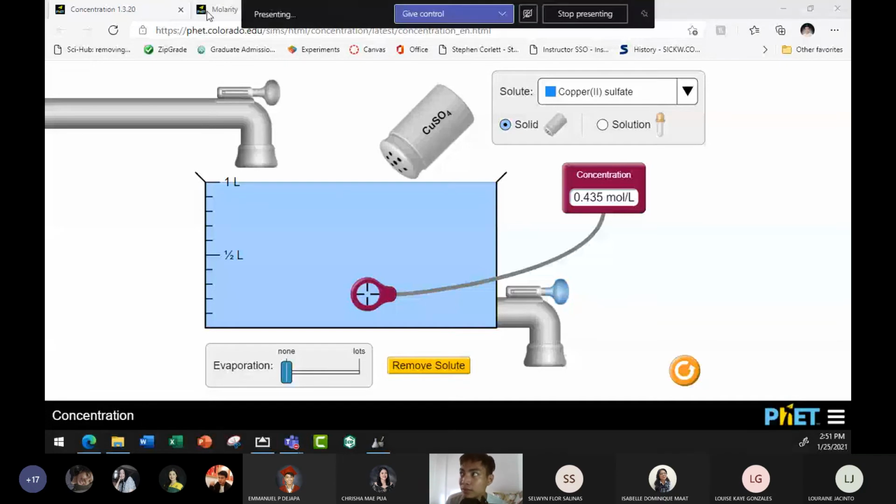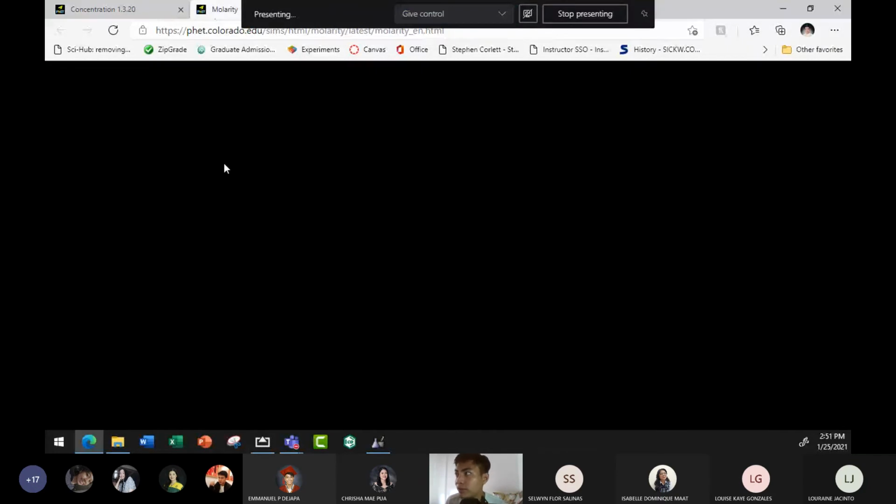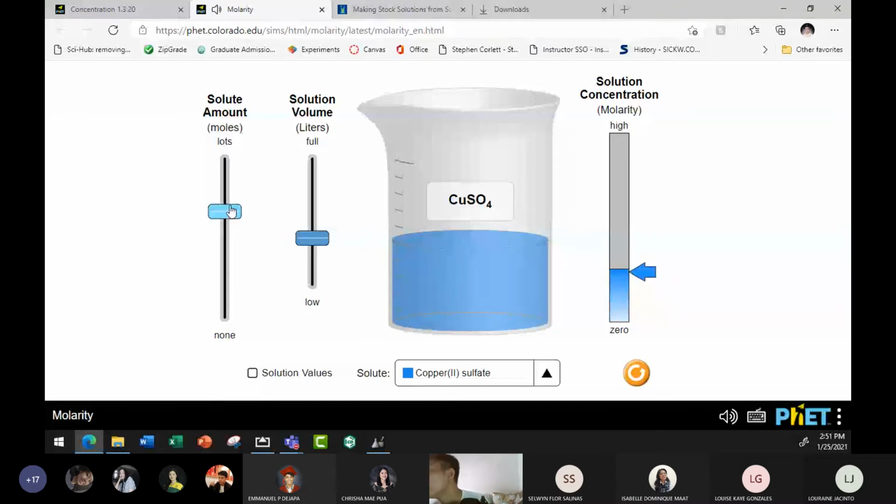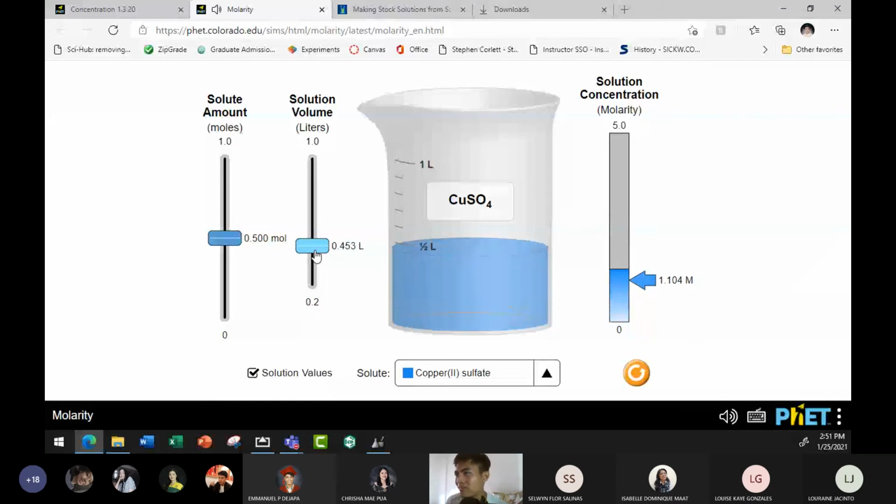Punta naman tayo sa isa pang virtual lab natin. We have the same solution. Ito na lang. I have 0.5 moles of my copper sulfate. So what will happen to the concentration?